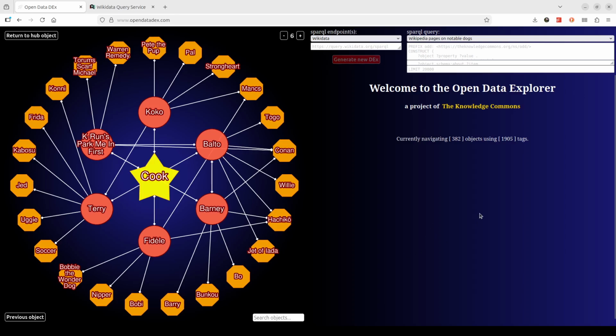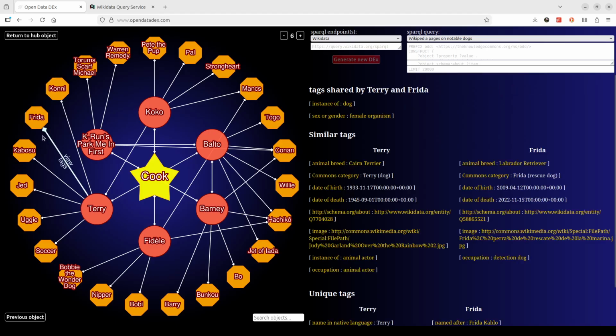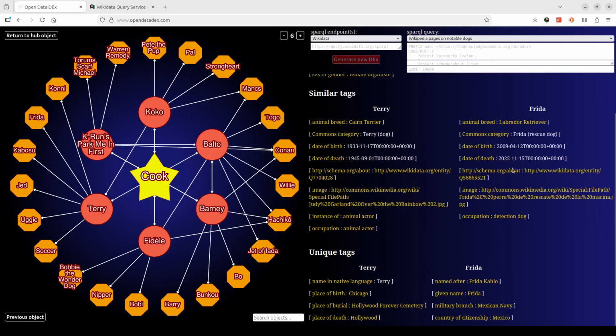I don't know who might be interested in putting this data in, but the more that there is, the better the applications can be that use this open data. Of course, Wikidata tries to really adhere to linked data standards, so you're going to see a lot of URIs and IDs.